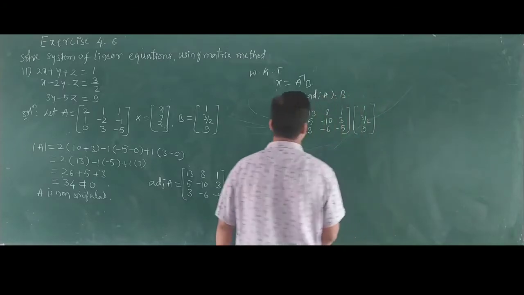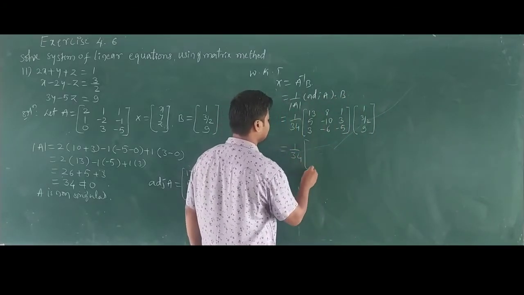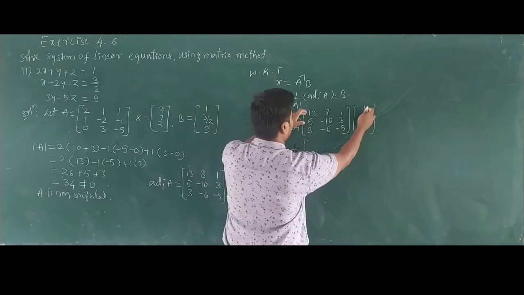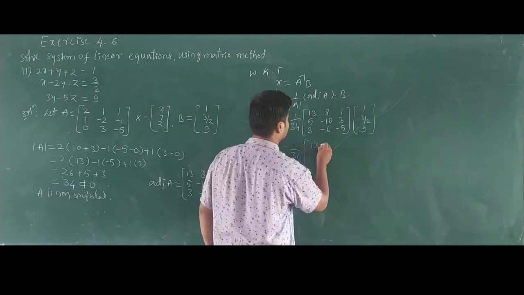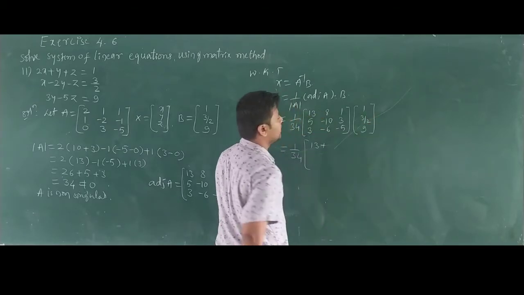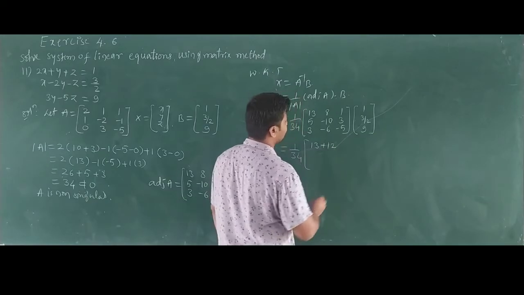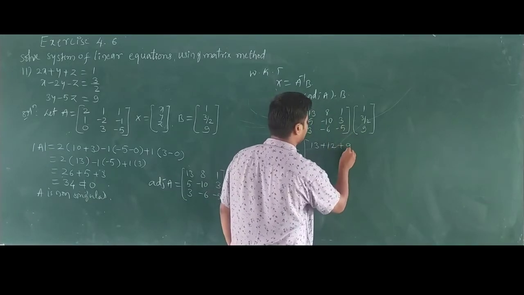This equals 1 by 34 as it is. 13 into 1 is 13 plus 8 into 3 by 2, 24 by 2, this is 12, plus 9.